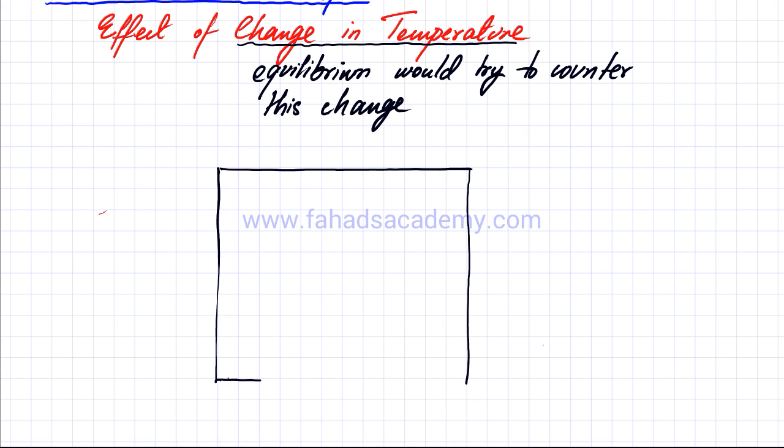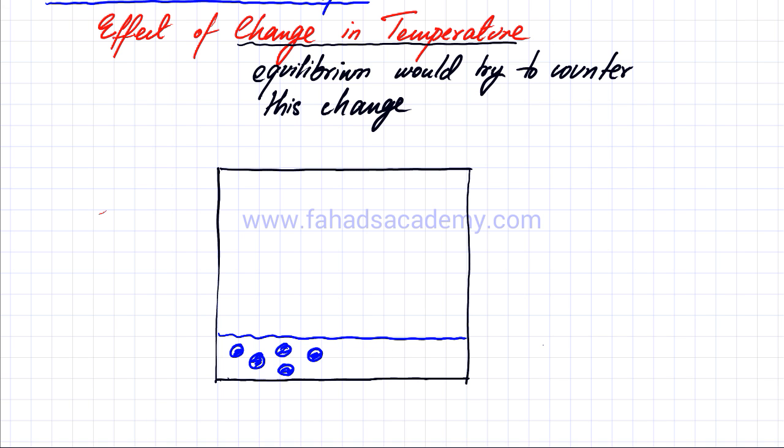This is the bottom of that container, and it has liquid water. These blue molecules are liquid water molecules, which are close together, sticking together, because in the liquid state molecules have very high forces of attraction and are very close to each other.